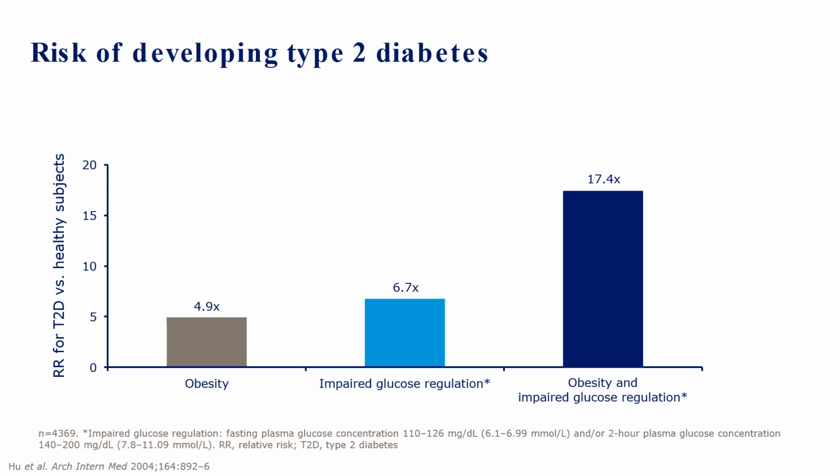If you've got impaired glucose regulation, that's impaired glucose tolerance, that's impaired fasting glucose, prediabetes in America, then there's nearly a 7-fold increase in the development of type 2 diabetes. But if you've got a combination of obesity and this impaired glucose regulation, you can see you've got a 17-fold increase in the risk of developing type 2 diabetes.